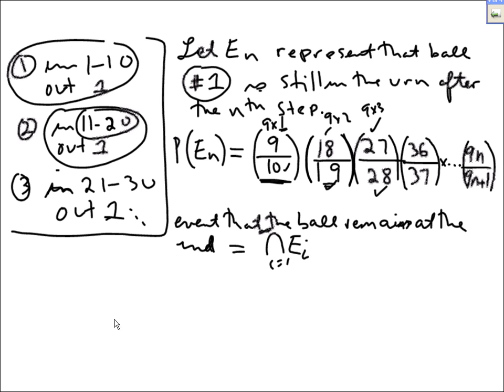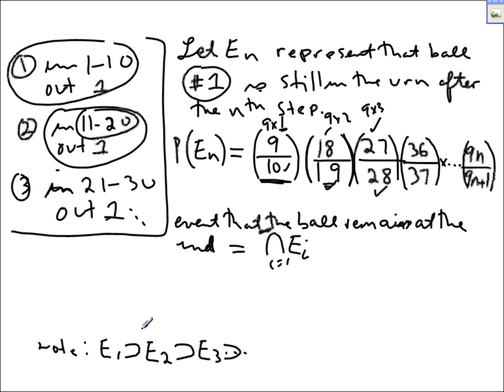But now, this is our sequence. Is it increasing or decreasing? Okay, let me put it down here. We should note that E1 contains E2, which in turn contains E3.